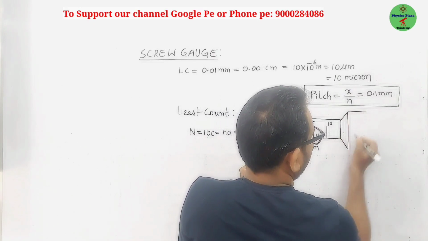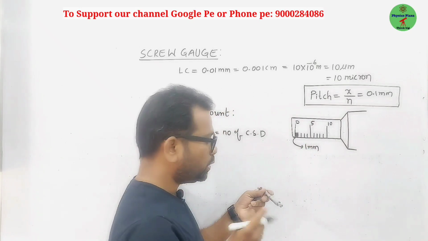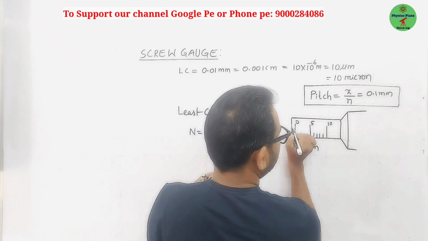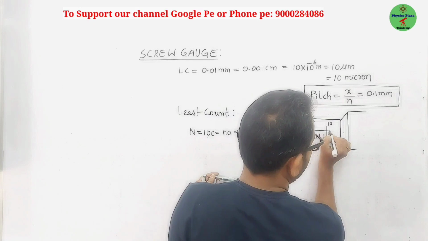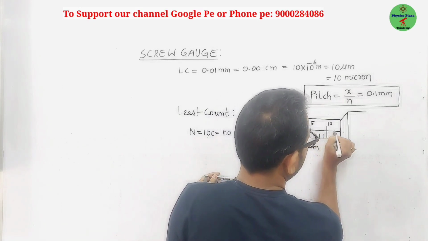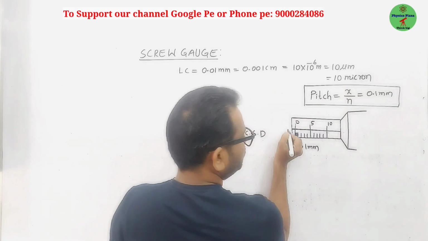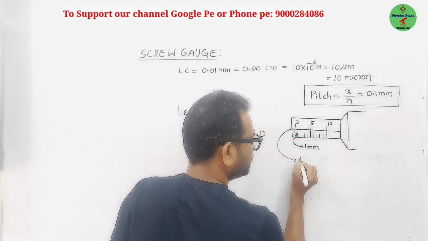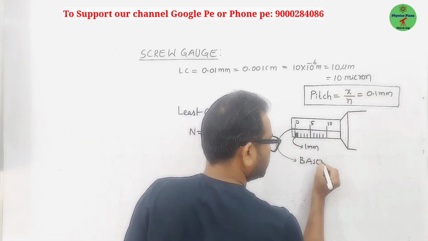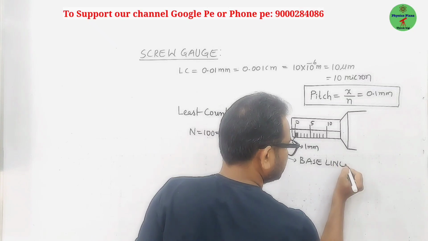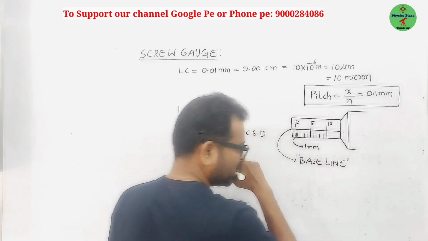Here one more important point I forgot to tell you. There will be one horizontal line on the main scale. This we call the baseline.